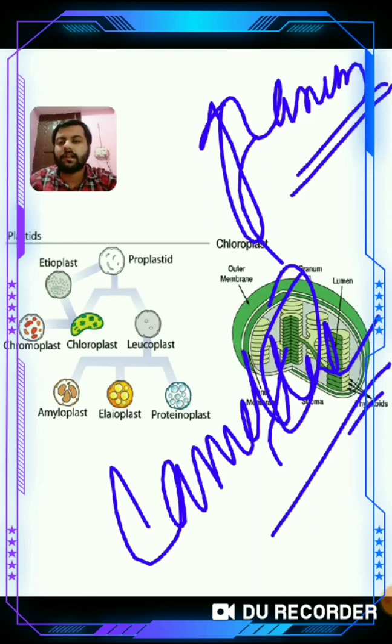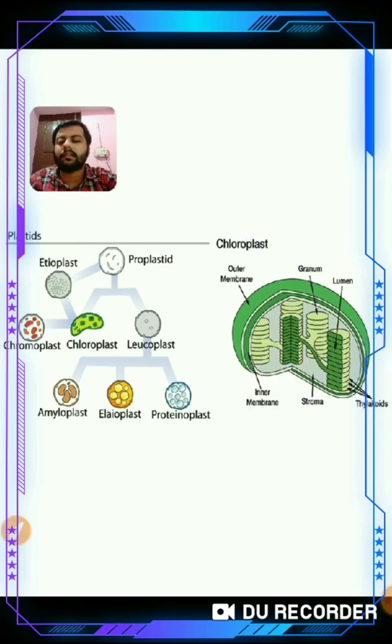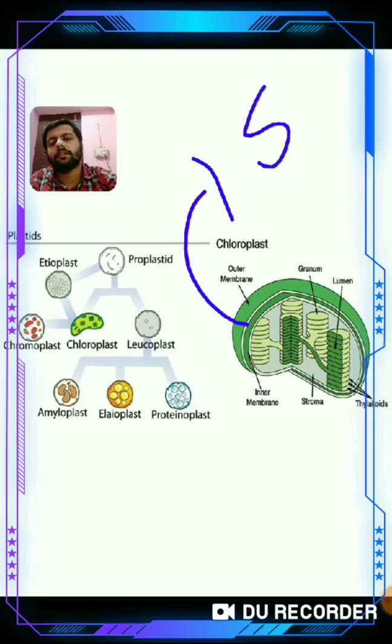Chloroplast contains chlorophyll, which helps in the absorption of sunlight.